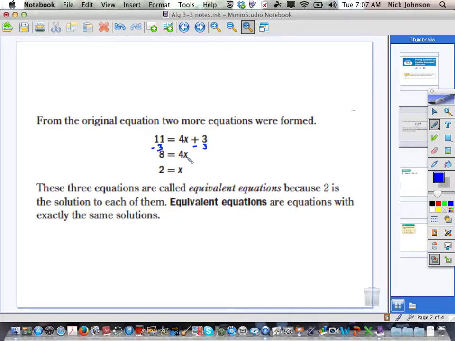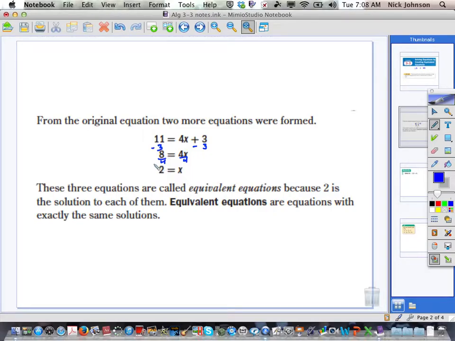Now I still need to get x by itself. So the inverse of multiplying by 4, because side by side means multiplying, is dividing by 4. Whatever I do to one side, I do to the other side to keep it equivalent. 4 divided by 4 is 1. 1 times x is x. 8 divided by 4 is 2.